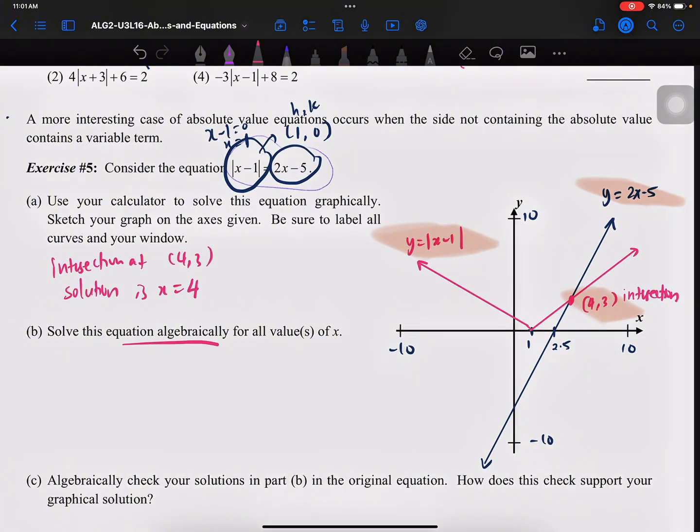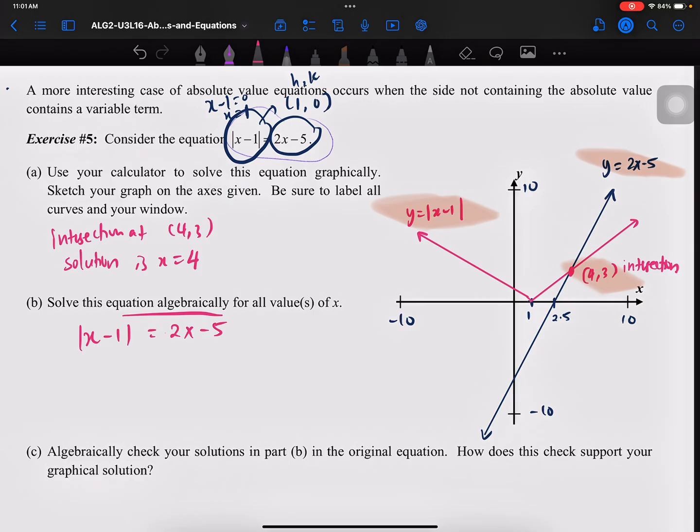For B, we need to split this into two, which is plus or minus 2x minus 5. The first one, we will have 2x minus 5. For the second one, we will have a minus sign in front.